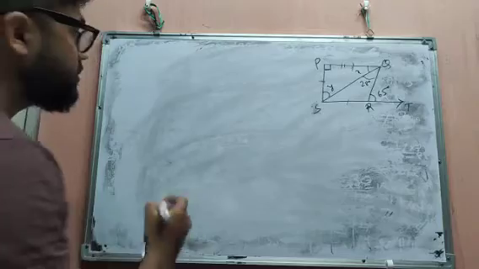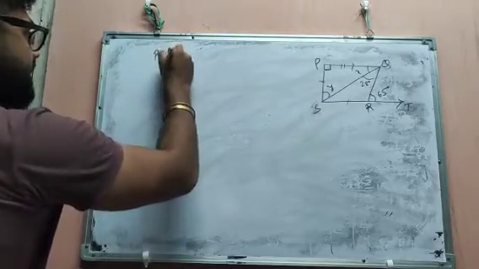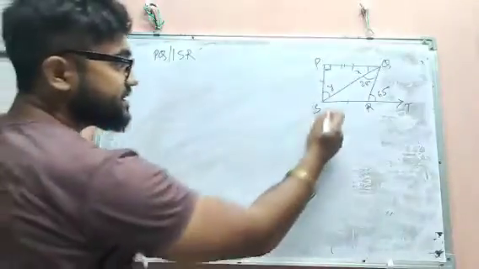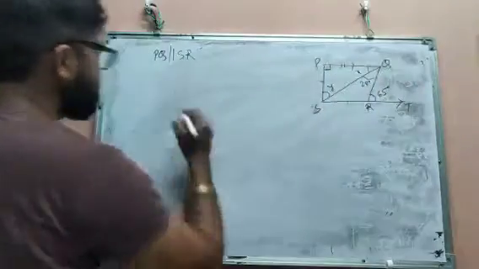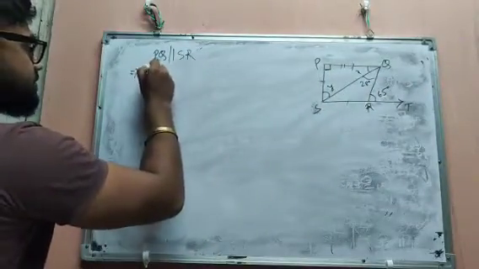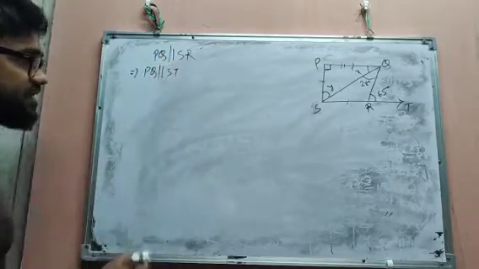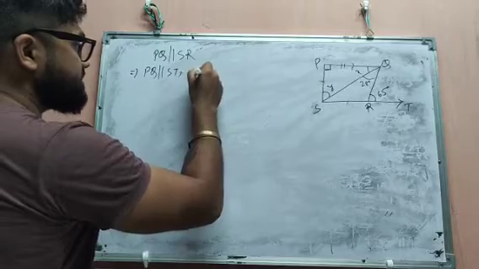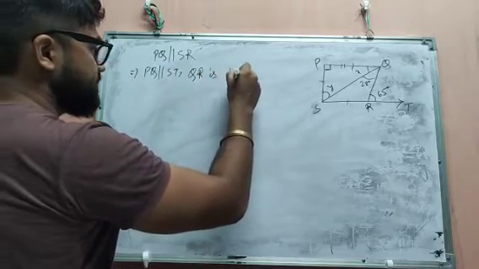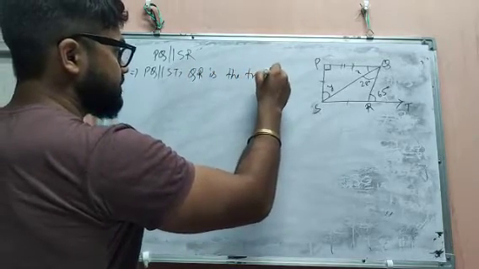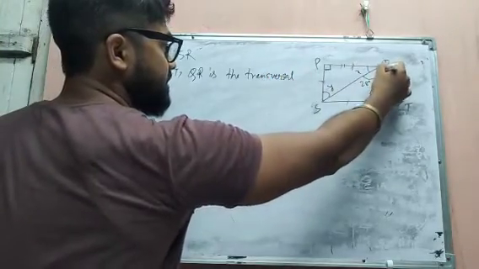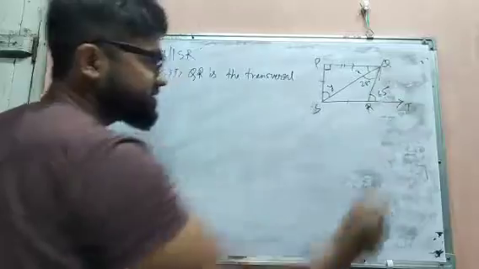First, we know PQ is parallel to SR. As PQ is parallel to SR, we can say that PQ is also parallel to ST. As PQ is parallel to ST, QR is the transversal.